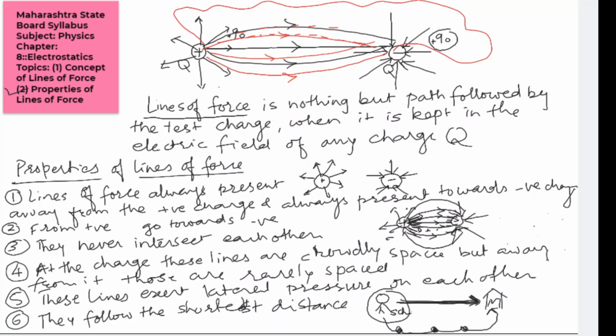Are you getting? This is for your understanding only. In the same way here, because of the lateral pressure at each point on the line, they are following the shortest distance. Otherwise they could also follow the longest distance over here. So this is all about the lines of force and their properties.